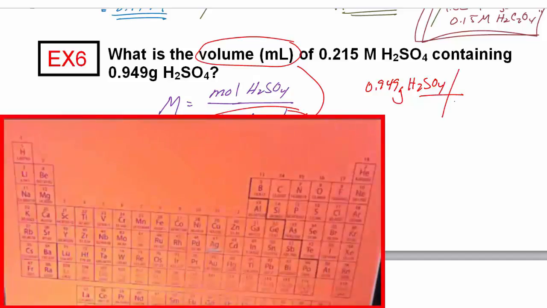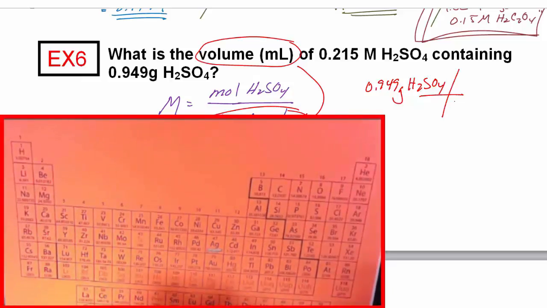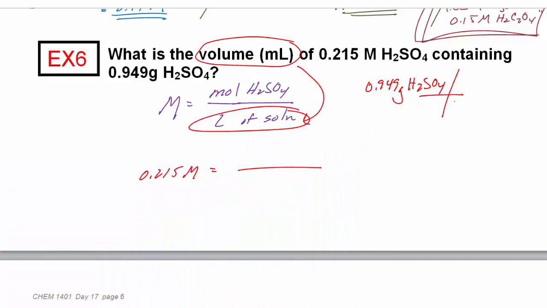Hydrogen is 1.01 times 2 plus sulfur, 32.1, plus 16 times 4, 98.12. You get about 9.7 times 10 to the negative 3 moles. 9.7 times 10 to the negative 3, all over the liters of solution.